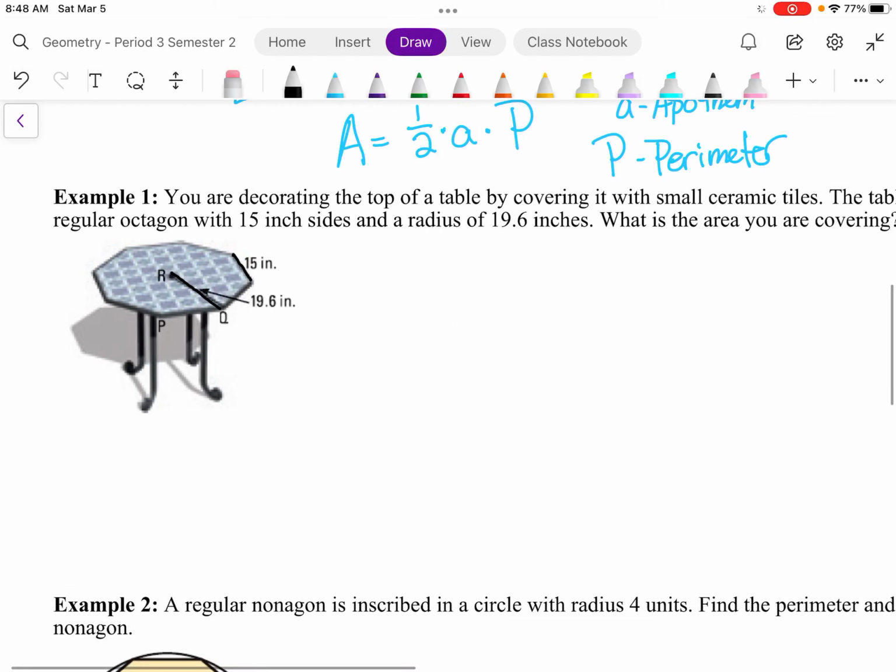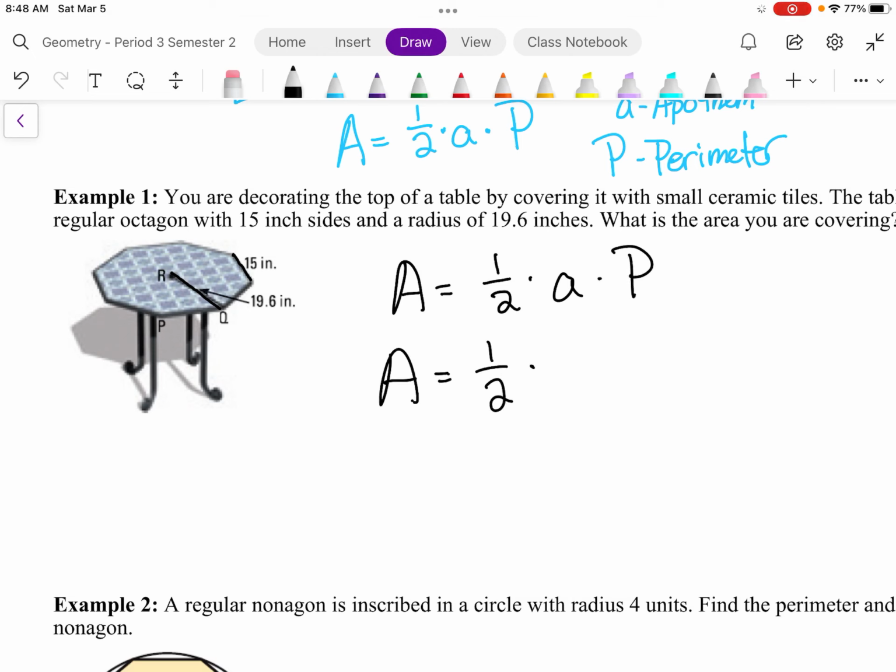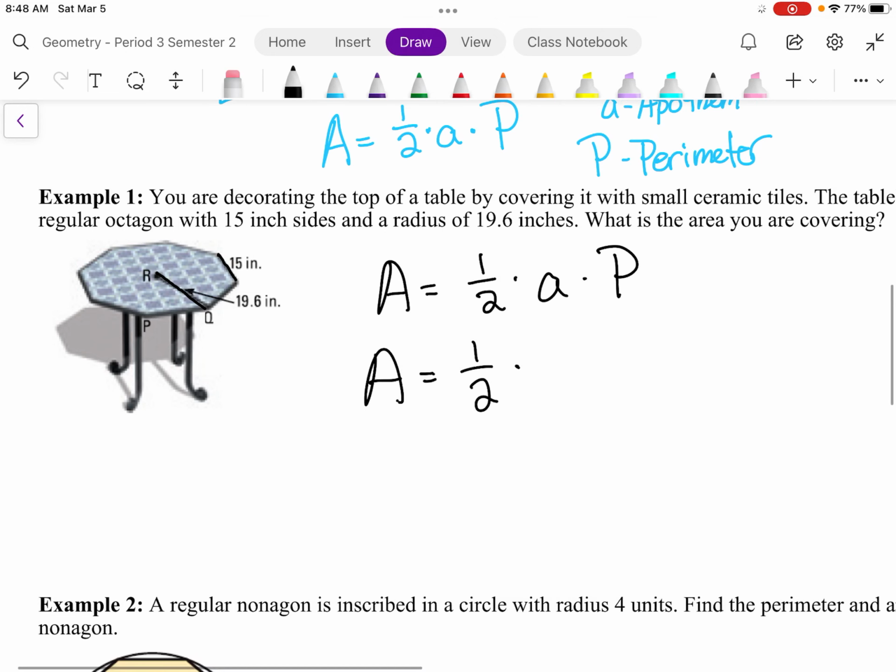We're going to be finding the area of this octagon. So we're going to use the formula that we just went over. Area equals 1/2 times the apothem times the perimeter. And they told us what the radius is. So we're going to have to find the apothem.